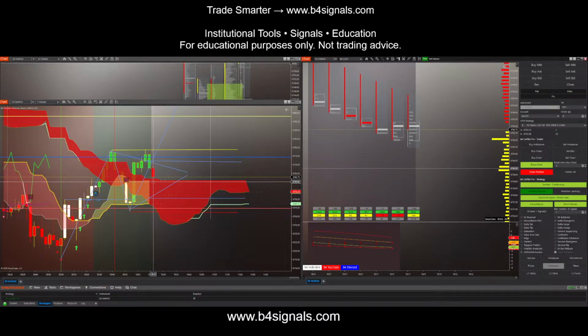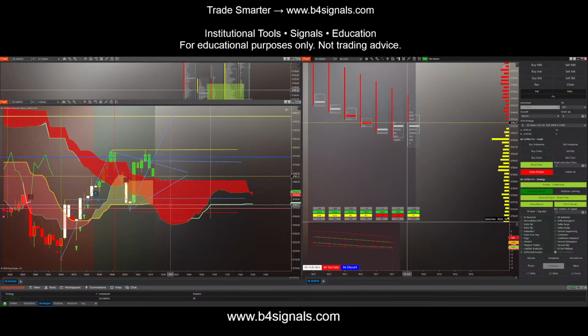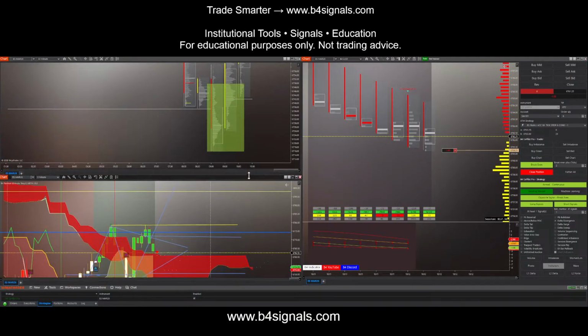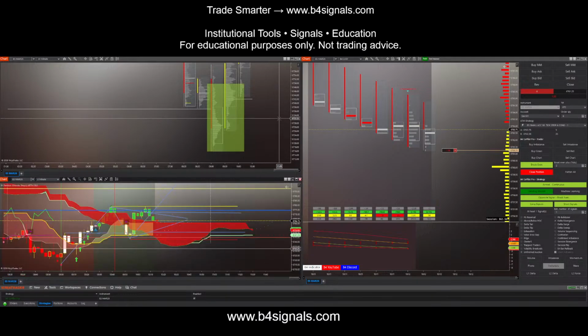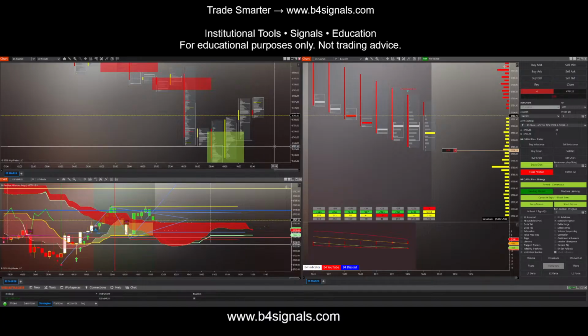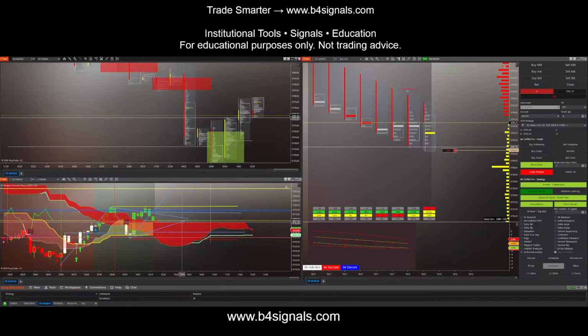This is where a lot of your volume is at. There's a lot of support in this area right here. Why do I say there's a lot of support in that area right there? Order filled. Because you look at the thickness of the cloud. That cloud right there is cast price action back here.